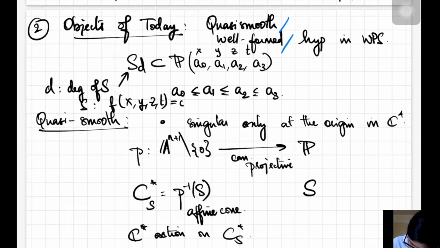So it's quasi-homogeneous, homogeneous with respect to the weights given, and F is of degree D with respect to the weights.